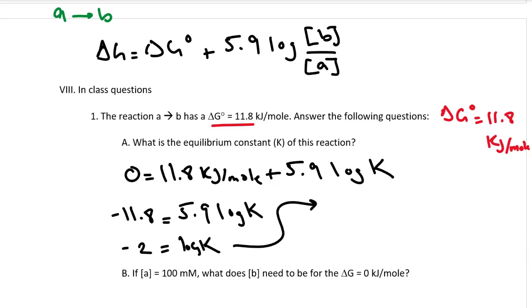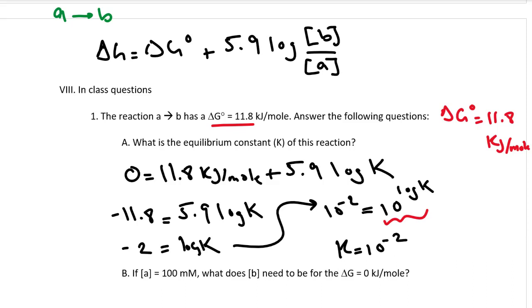Now I put both sides to the base of 10. So 10 to the minus 2 equals 10 to the log of K, and of course, this thing right here becomes just K. So now I have K equals 10 to the minus 2.